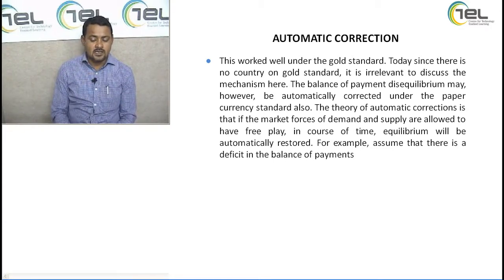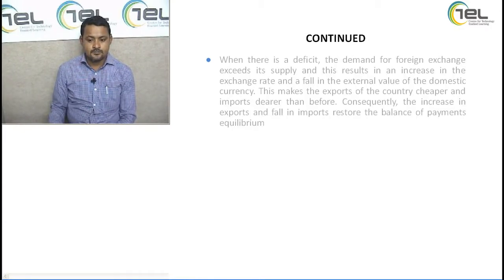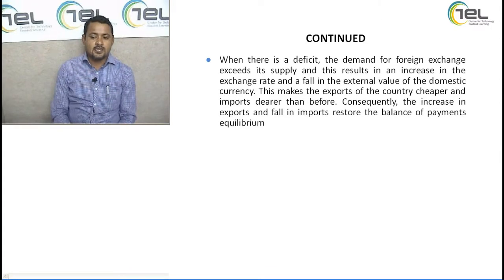For example, assume that there is a deficit in the balance of payment. When there is a deficit, the demand for foreign exchange exceeds its supply, and this results in an increase in the exchange rate and a fall in the external value of domestic currency. This makes exports cheaper and imports dearer.